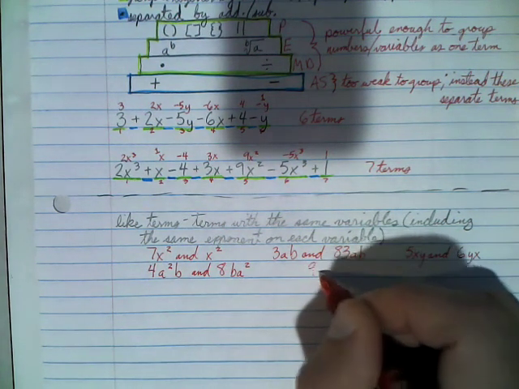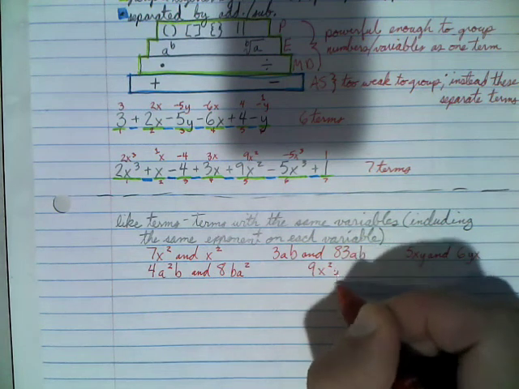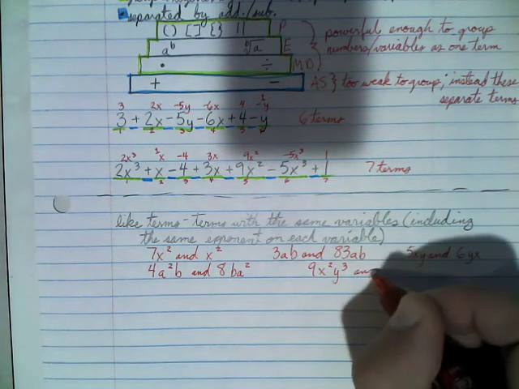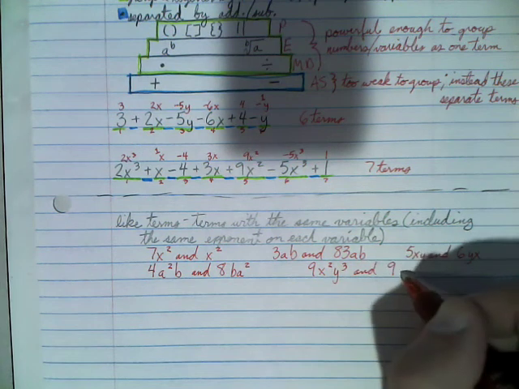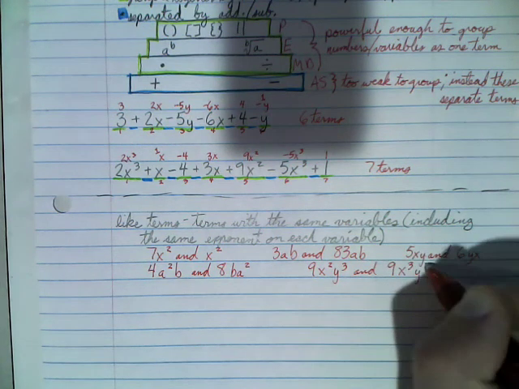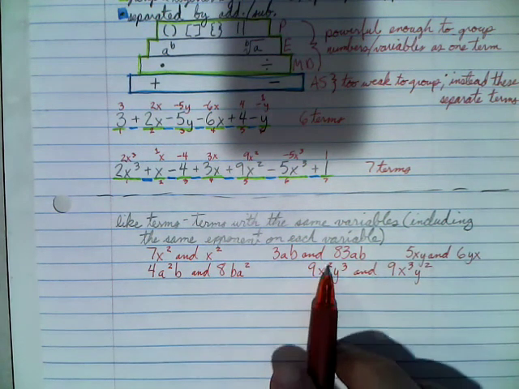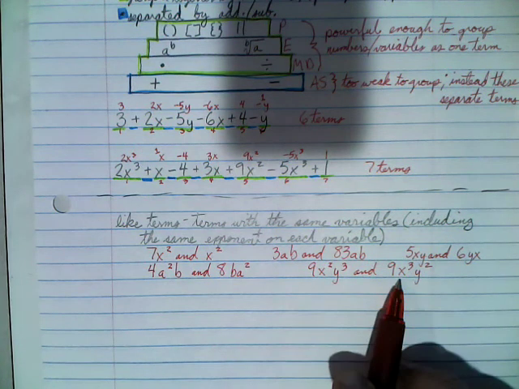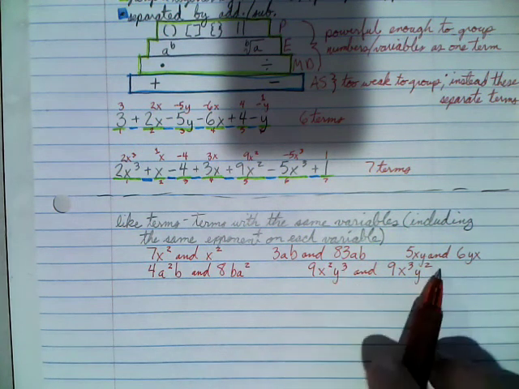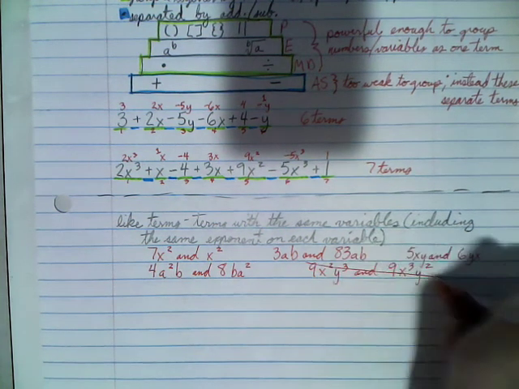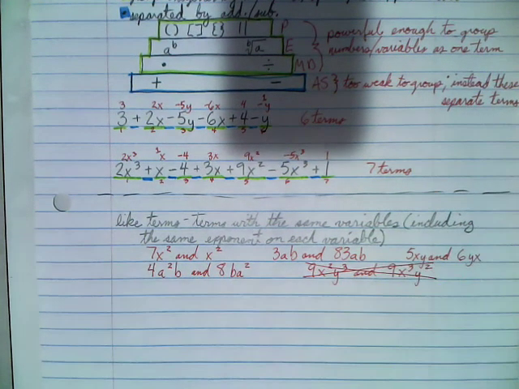However, if I had 9x squared y cubed and 9x cubed y squared, well, you've got 2 x's here, but 3 x's there. You've got 3 y's here, but only 2 y's there. This would not be like terms.